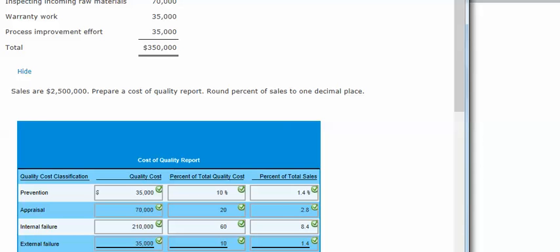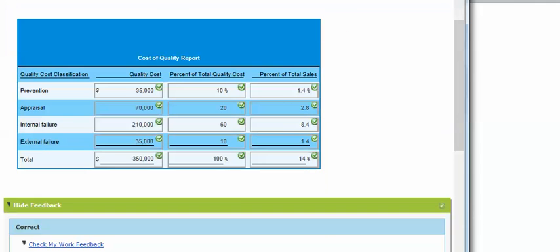If we have the 70,000 divided by 2.5 million, the result will be 2.8%. And now we're rounding this to 1 decimal place. So if it comes out to more than 1 decimal place, we'll need to round that. And we'd continue on down until we have all of those as a percentage.